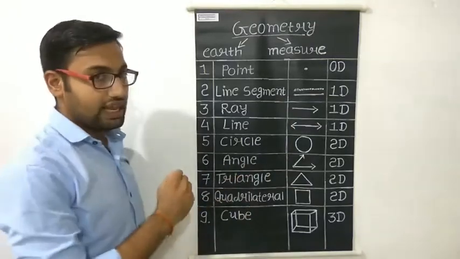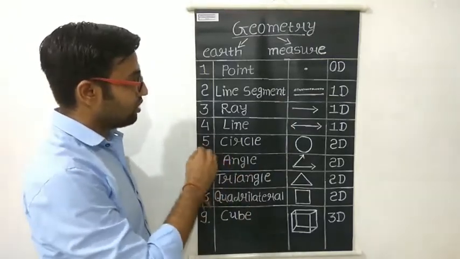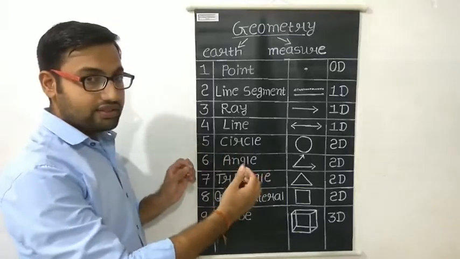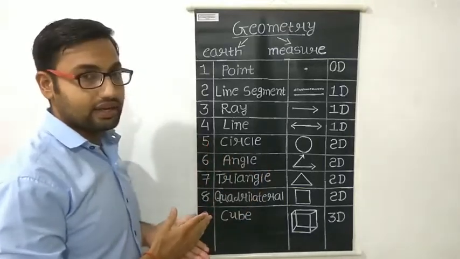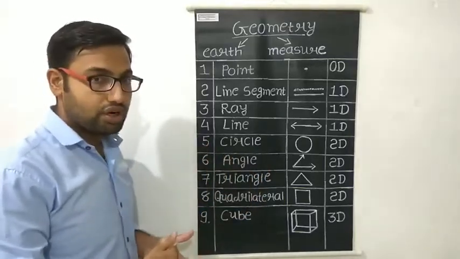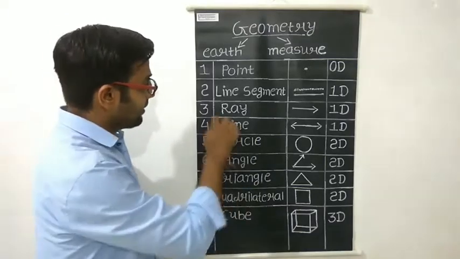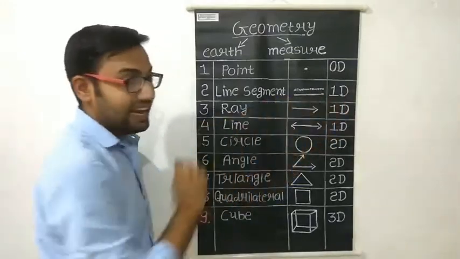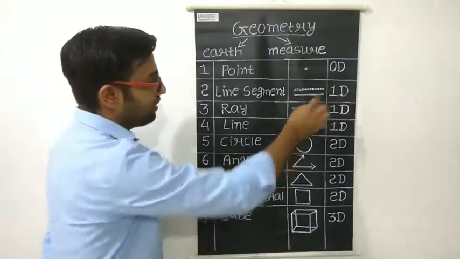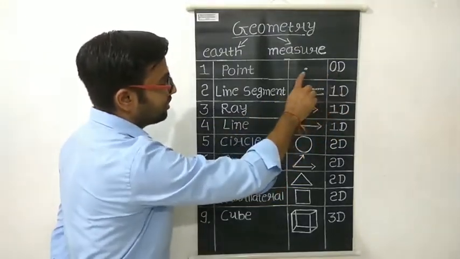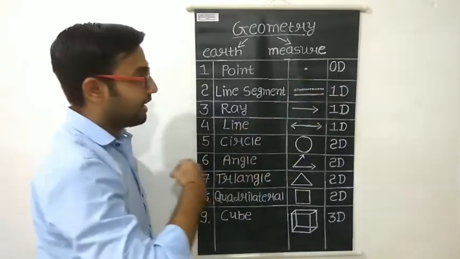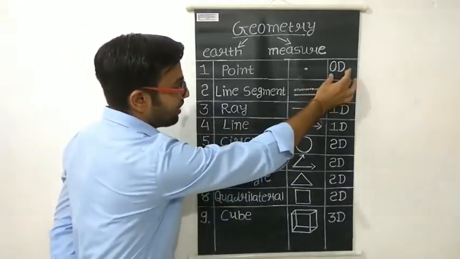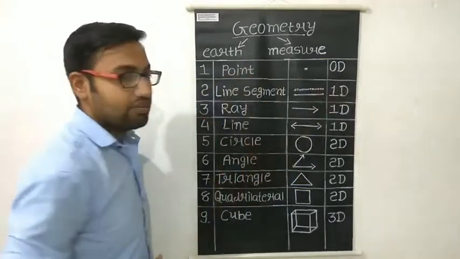Like your scale also has some finite length, like 6 centimeter or 12 centimeter, and that line segment has one dimension now. So what will happen if we put the dots in a straight line? It is converted from 0 dimension to 1 dimension.